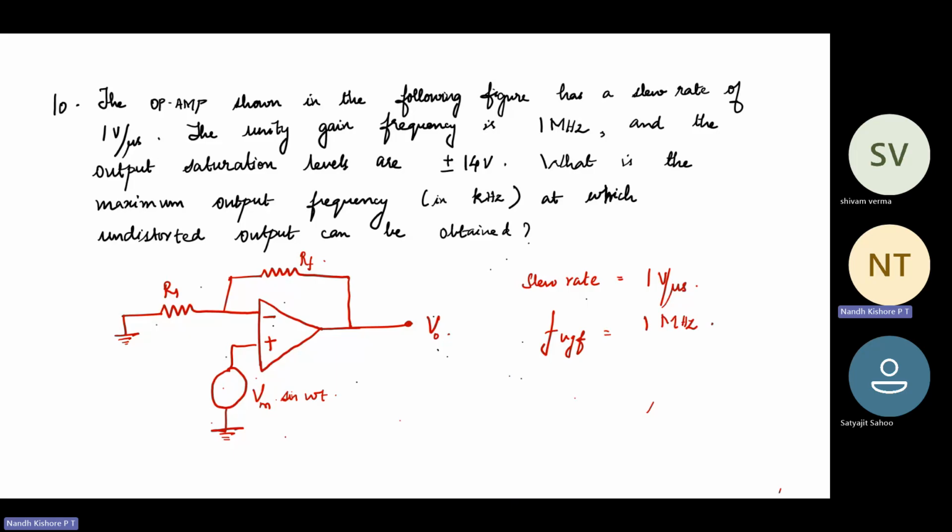So what is the maximum output frequency at which you can get undistorted output? They have also given that the saturation level is plus minus 14 volt.